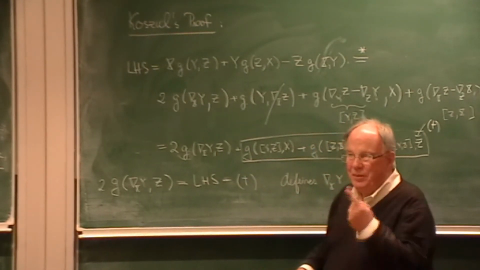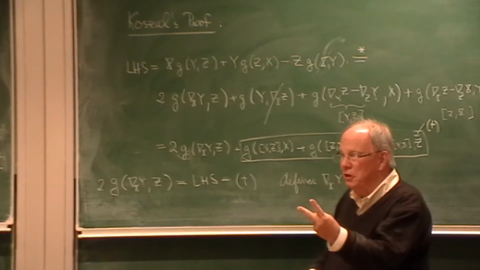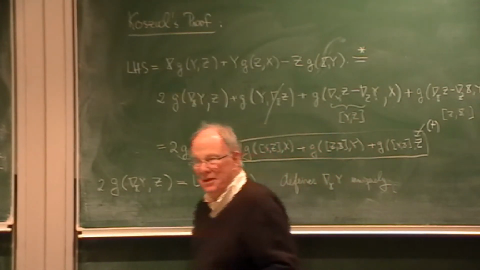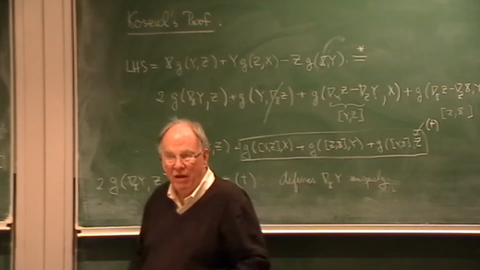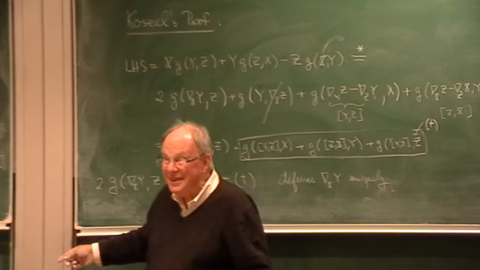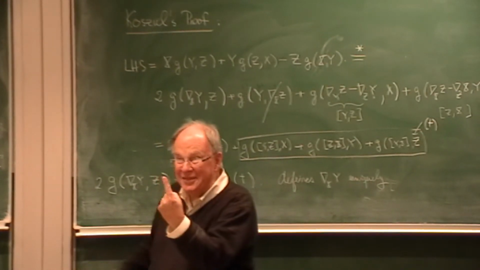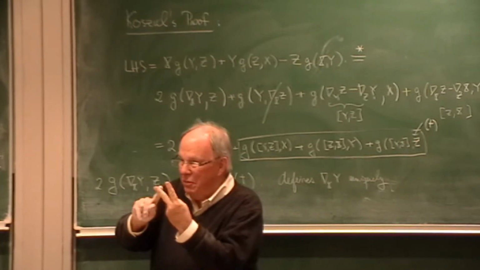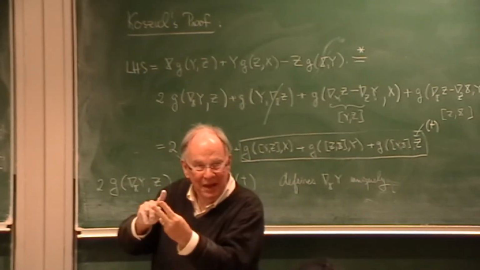If the connection satisfies those two things, this is a formula for it. So this is a uniqueness statement. So is it clear what we have to prove now? We have to prove three things. The thing that's defined in this way is a connection, it's compatible with the metric, and it's torsion free.